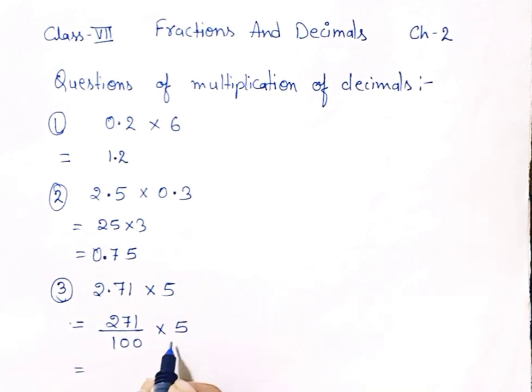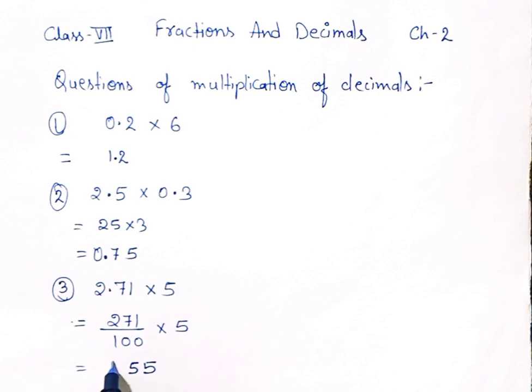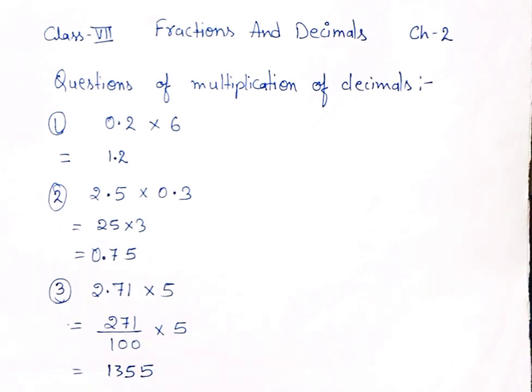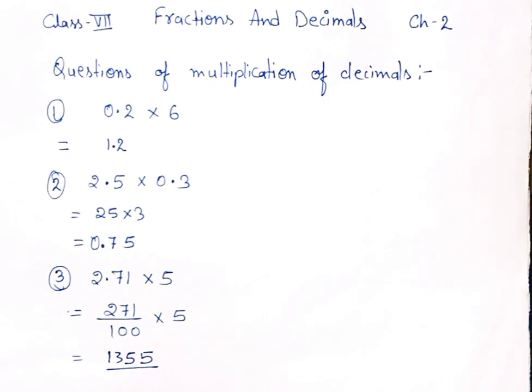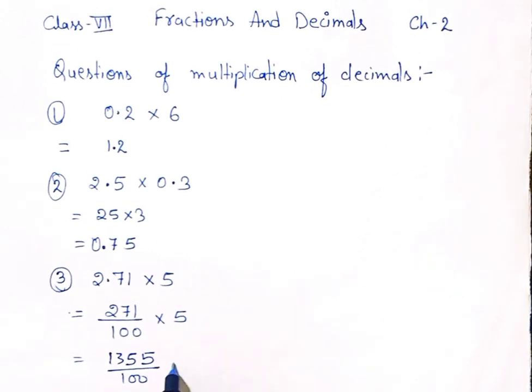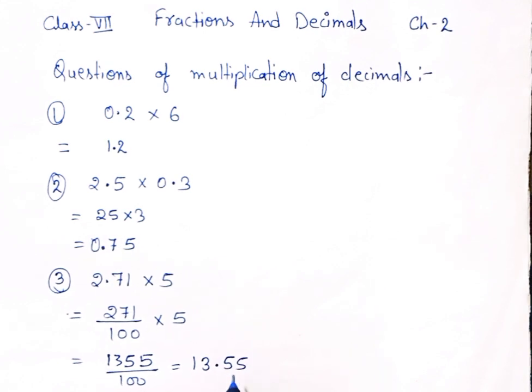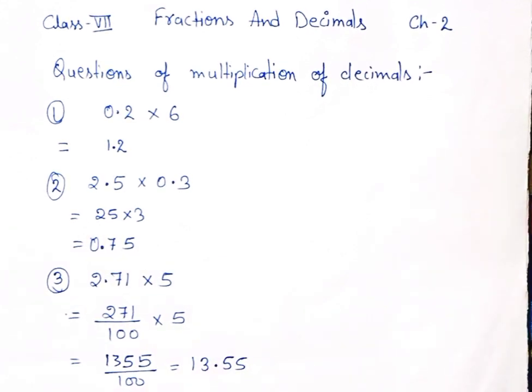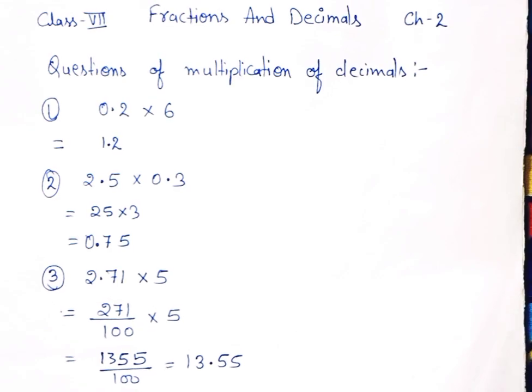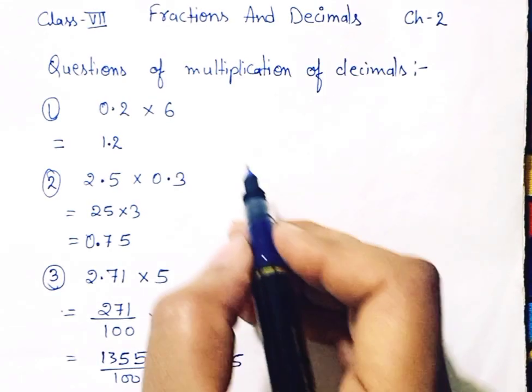We multiply this number by 5, which gives 1355 upon 100. So here we have 13.55. That is another method, by converting the decimal into fractional terms.